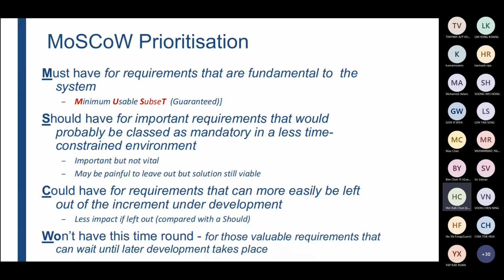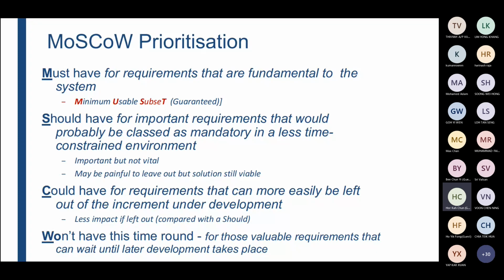The first category is a must requirement. Second is a should have requirement, or important requirement. In other words, important. Next, could have, requirements that can more easily be left out of the increment. Could have.